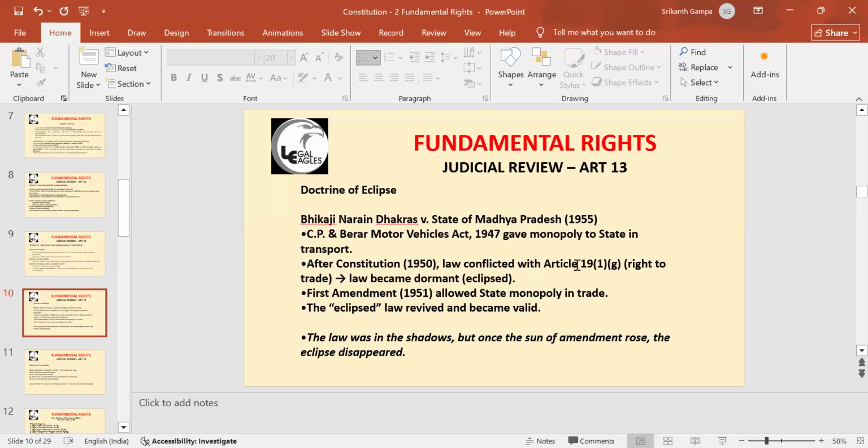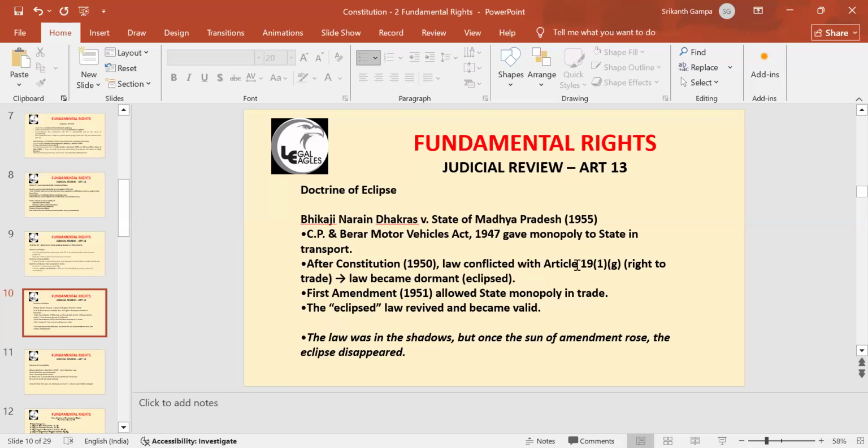So Bhikaji Narayan Dhakras contested that now, after this constitution, I have the right to trade, so I can start a transport business, road transport. Let us say state road transport is there, right? Like APSRTC, Telangana State Transport Corporation.